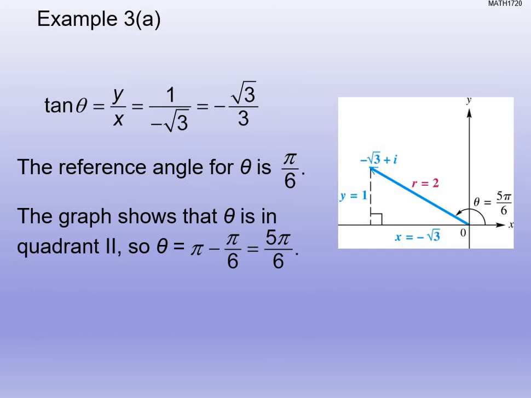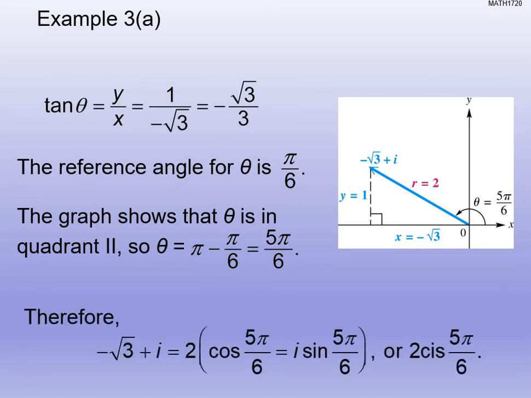The angle here, we're doing it in radians for the example, is 5 pi over 6. In your calculator, you could do tangent inverse of 1 divided by negative square root of 3. You get the same thing, but you just have to subtract it from pi, and you would be good there.